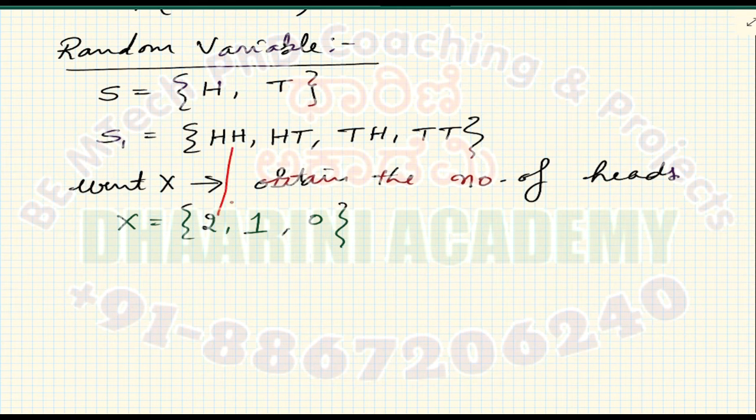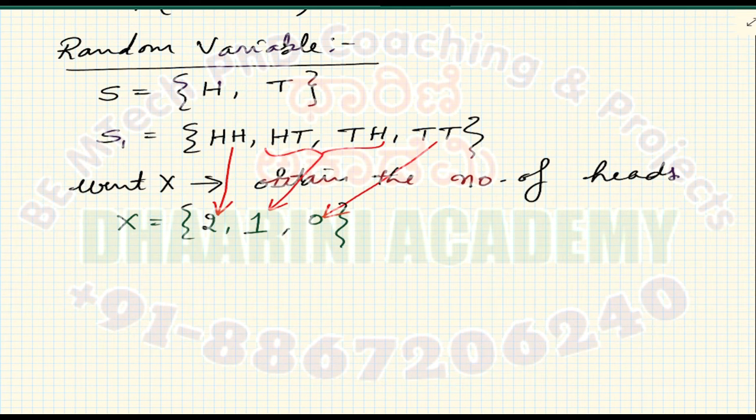I just have to enter the number 2 when I want to represent the result HH. Entering a number 2 into the computer is very simple. We can deal with numbers easily rather than with mnemonics like HT, TH, yes, no. So HT or TH is directly converted into the number 1, and TT is directly converted into 0.